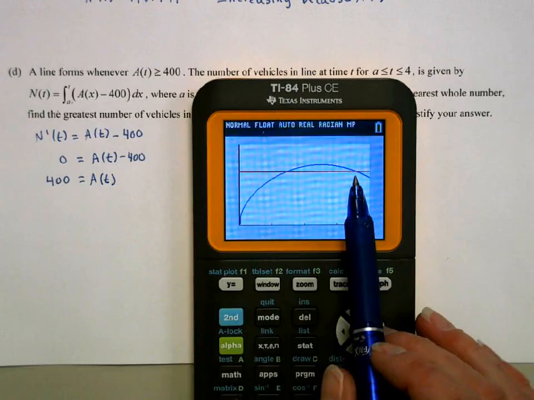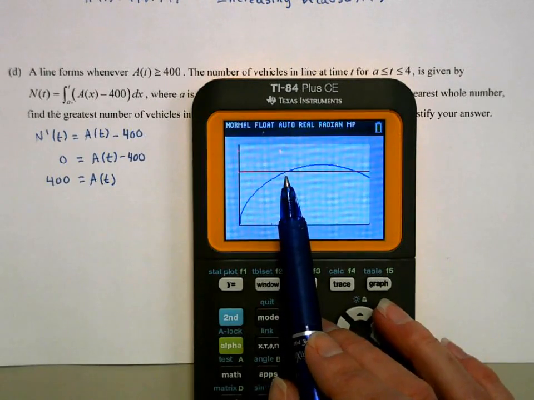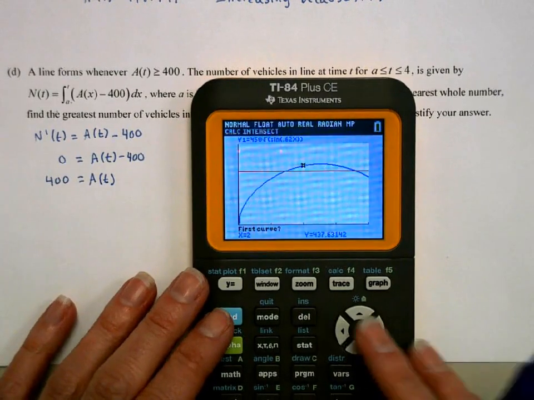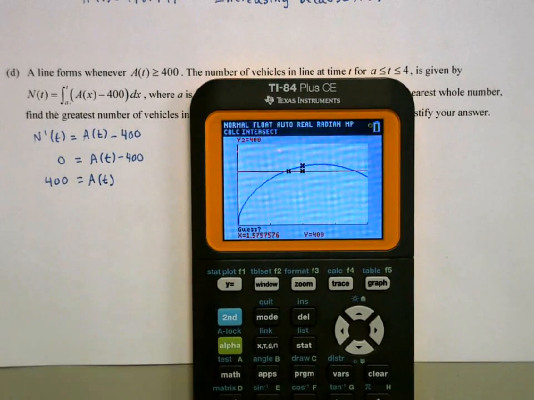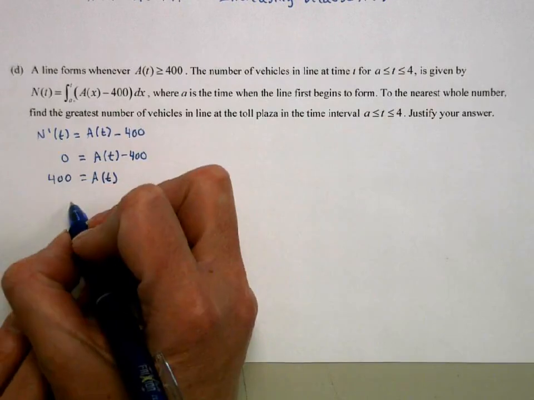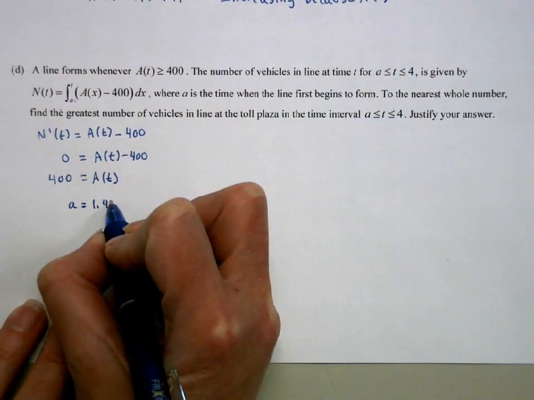So these two values are what I'm interested in. This first one is a, little a. So we're going to calculate the intersection. Okay. So our first one, a, is going to be 1.469317.